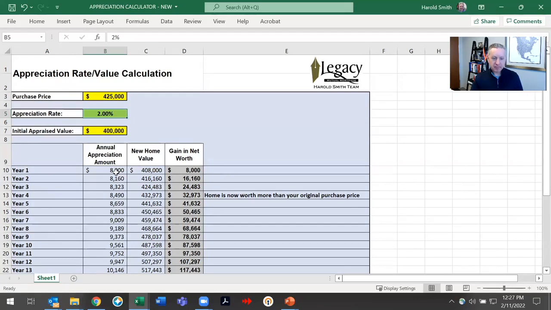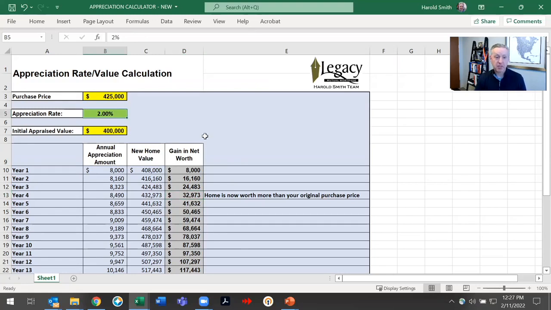Notice this. If it started at $400,000, after 1 year it'd be worth $408,000. 2 years, $416,000. 3 years, $424,000. And notice that at the point of the 4th year, the home value would exceed what they paid for it. Now, here's the reality though, probably it'll be a better appreciation rate than this.